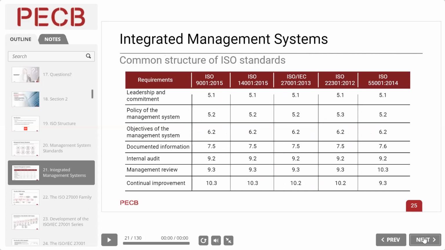Now, the focus of ISO in developing these management systems is trying to create a well-structured, integrated environment in your organization.